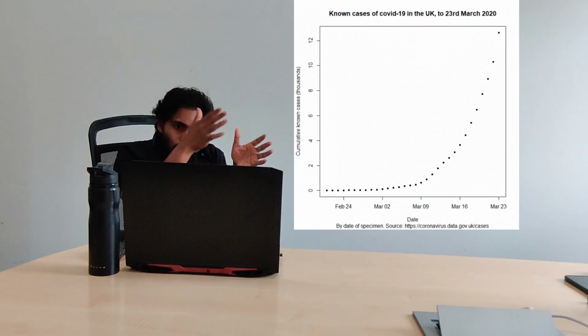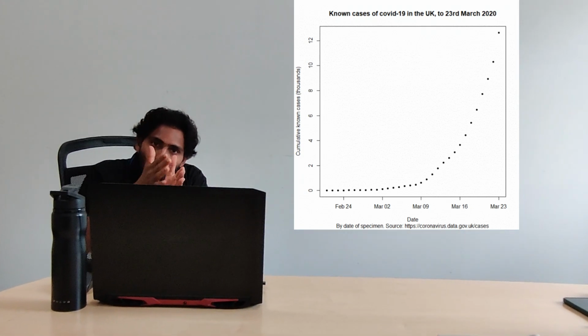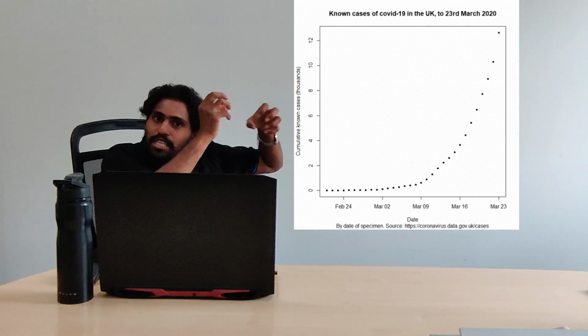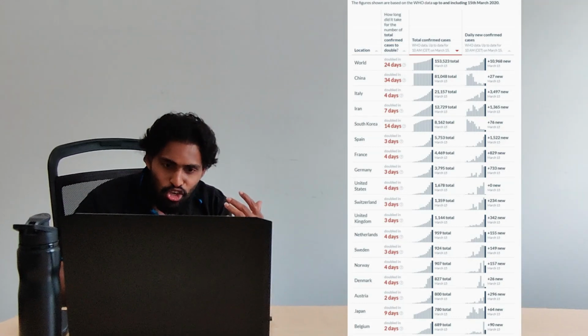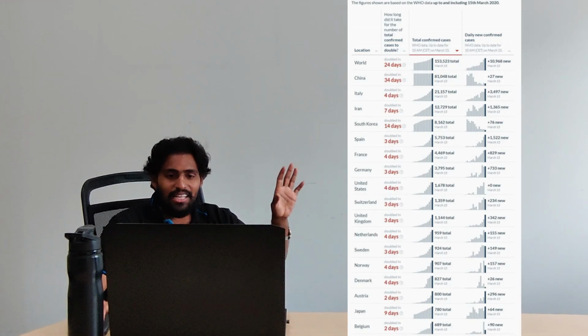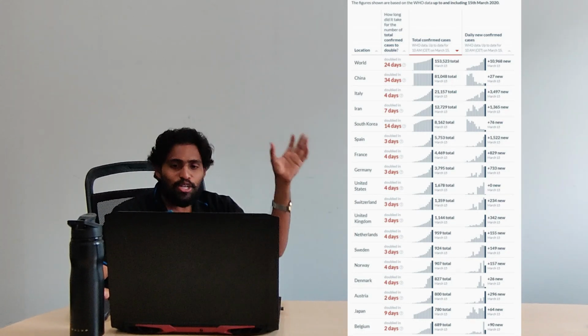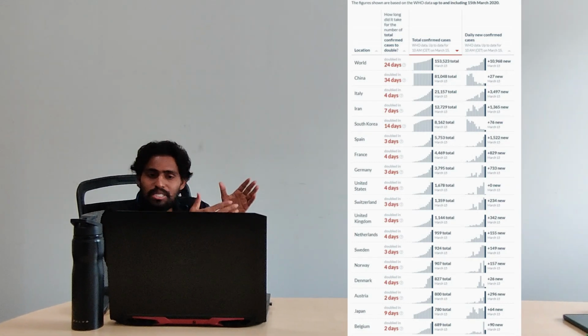If you look at the World Health Organization data up to and including 15 March 2020, and see the overall pattern or shape of the infection rates over time, for the initial 24 days worldwide it follows a certain shape. Italy follows a certain shape, and South Korea, France, Germany, United States, Switzerland, United Kingdom, Netherlands all have by and large the same shape.